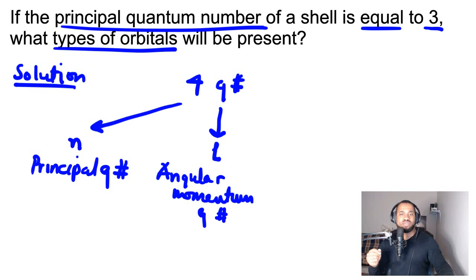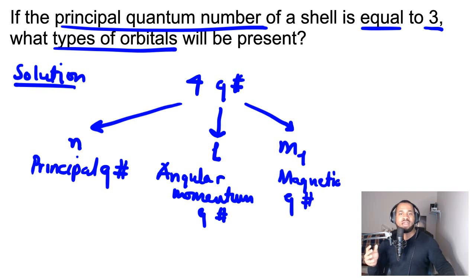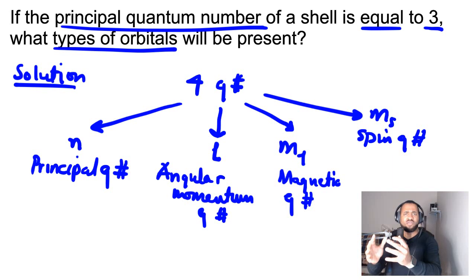Then our next one is m subscript L, which is called the magnetic quantum number. And finally there is m subscript s, which is represented as the spin quantum number.